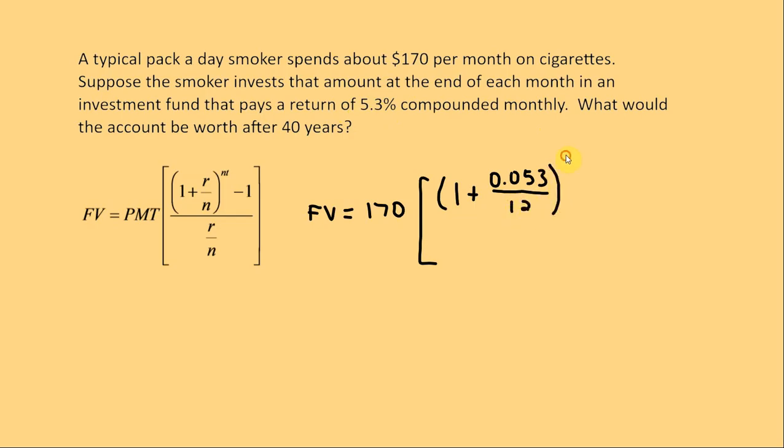And then we're going to raise it to a power, and the power is n times t, so the number of times per year times the number of years, so this is 12 times 40 years. And again, minus 1, and all of that is over the rate divided by the number of compoundings per year.